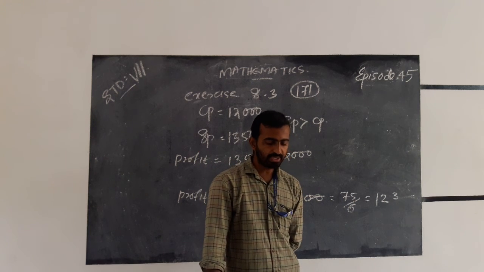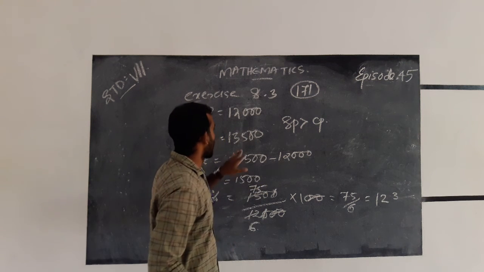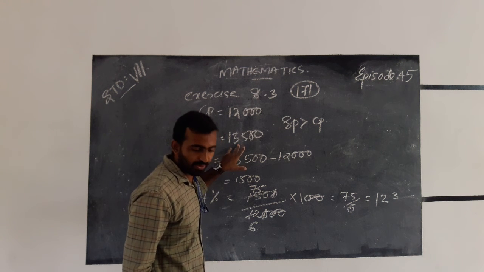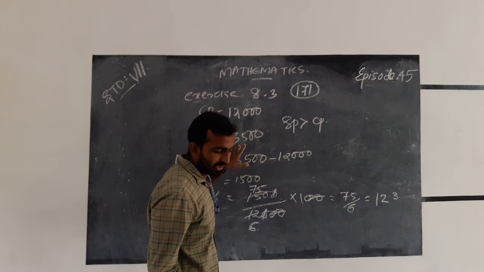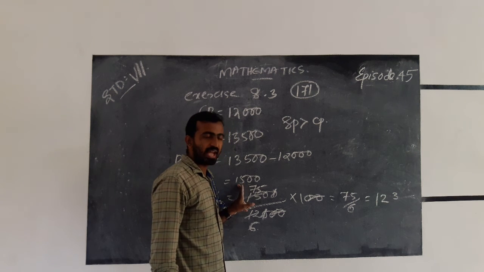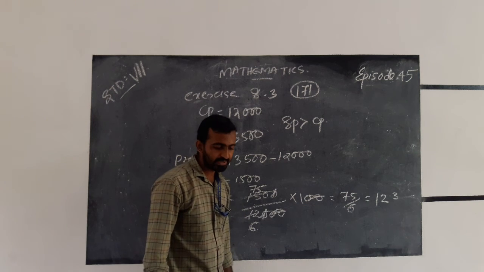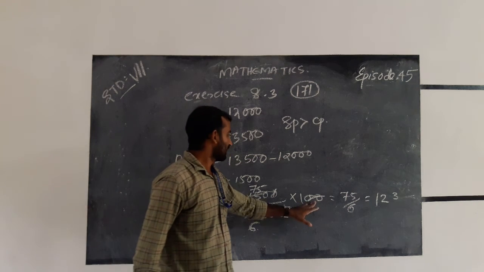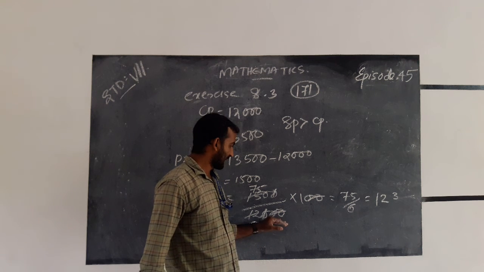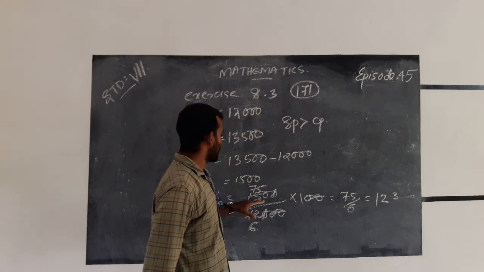Or we can find the difference of 13,500 and 12,000, which is 1,500. And here we take 12,000 into 100. We simplify the 100 and 12,000, and here we get 120.